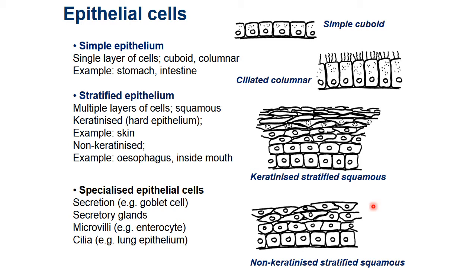For instance, in the esophagus, there will be specialized secretory cells, which are called goblet cells, which secrete a fluid that protects the non-keratinized squamous epithelium. And in the inside of the mouth, you will have specialized epithelial cells that form secretory glands that produce saliva and protect the non-keratinized epithelium in the mouth.